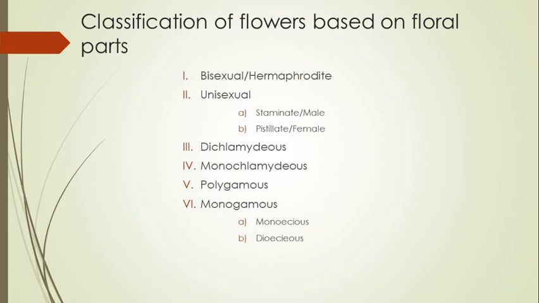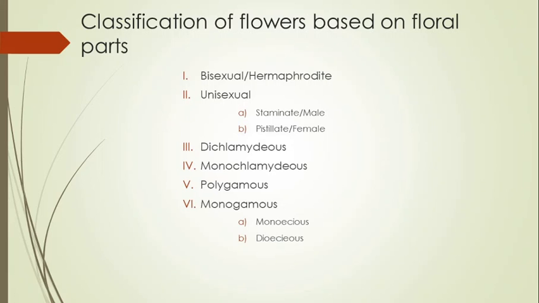There are flowers in which there are either the male reproductive structure or the female reproductive structure alone, and they are called unisexual flowers. Among unisexual flowers, flowers which have the male reproductive structure in them are called staminate flowers, while the flowers which have the gynoecium, which is the female reproductive structure alone in them, are called pistillate flowers.